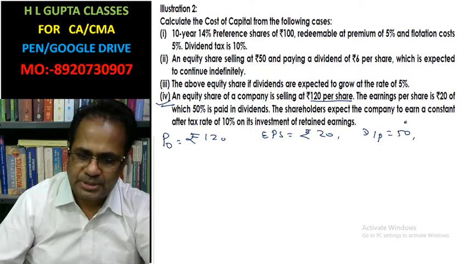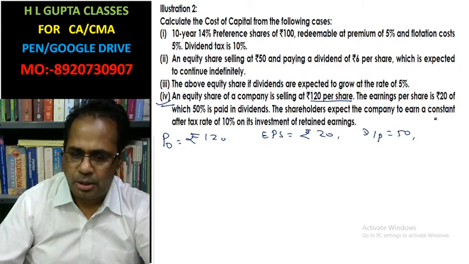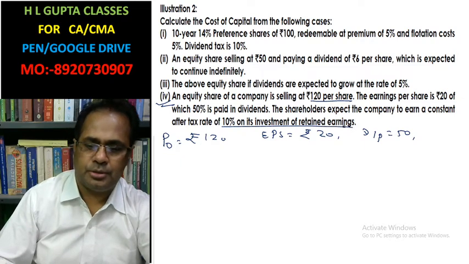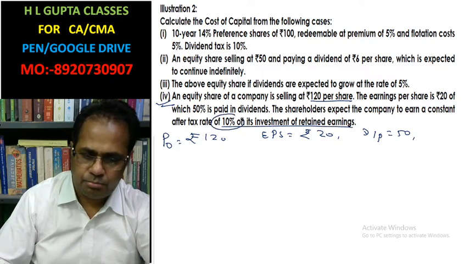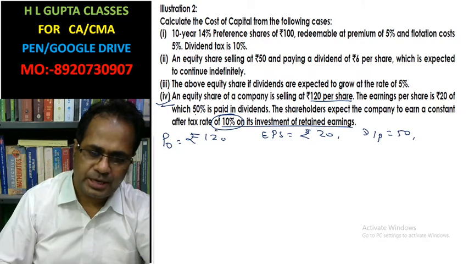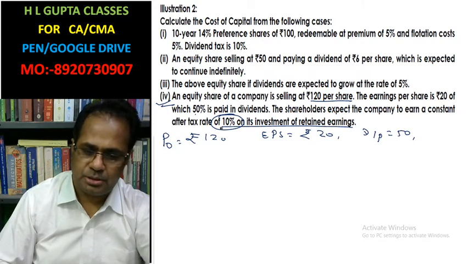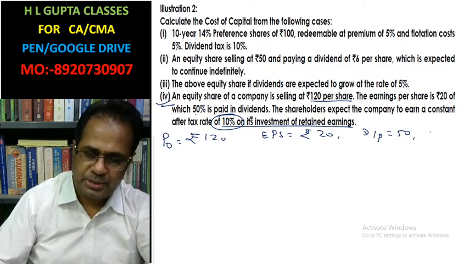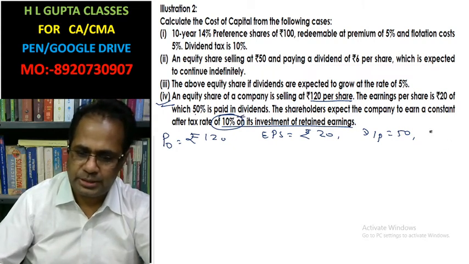The shareholder expects the company to earn a constant after-tax return of 10% on investment. This means the rate of return on investment, R, is 10%.